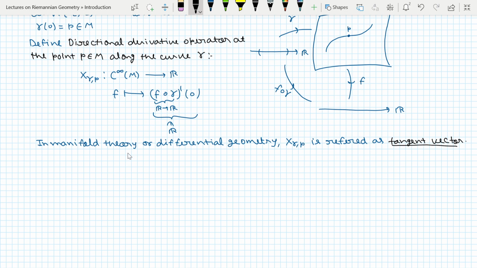Here we have a crucial point to keep in mind. In Euclidean space you had two individual concepts, one concept of direction and one concept of derivative, and then you combined them to form the directional derivative. That was the story in Euclidean space. But on a manifold, you don't have those individual notions of direction and derivative. These two things always come together. As we go along in the course, we will study something called the covariant derivative.